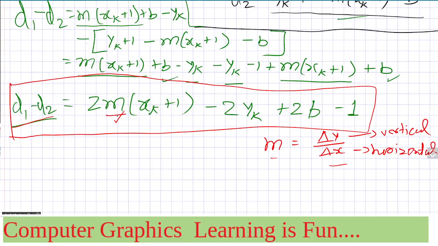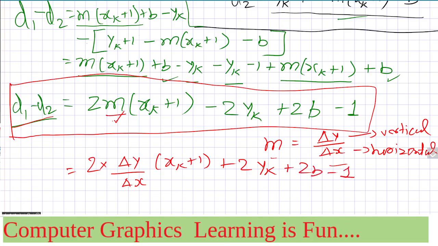Then I am replacing this m by something. 2 into delta y upon delta x into xk plus 1 plus 2yk plus 2b minus 1.